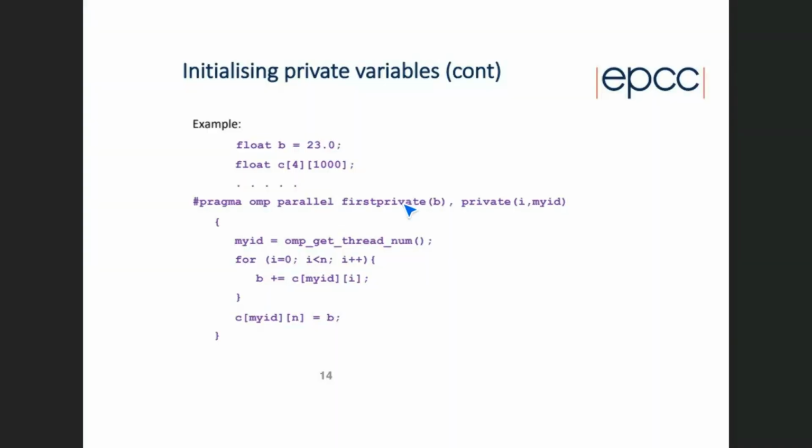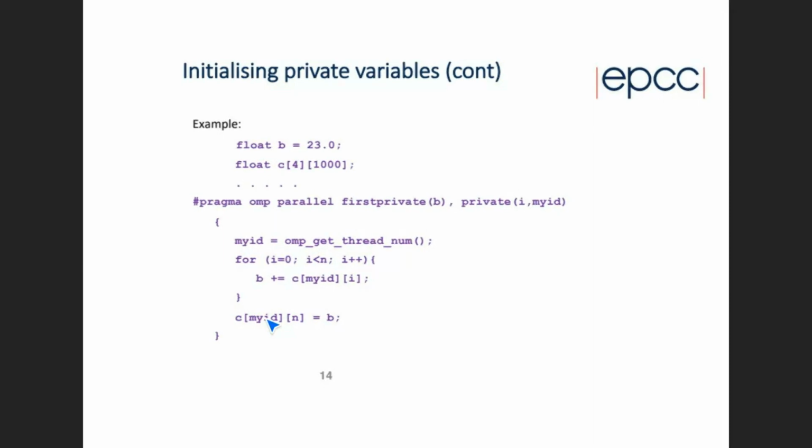If I declare that as firstprivate, every thread gets a copy of b, which will be initialized to the value 23.0. I can then accumulate values into the private copies and then store them somewhere, maybe in the last row of the array.